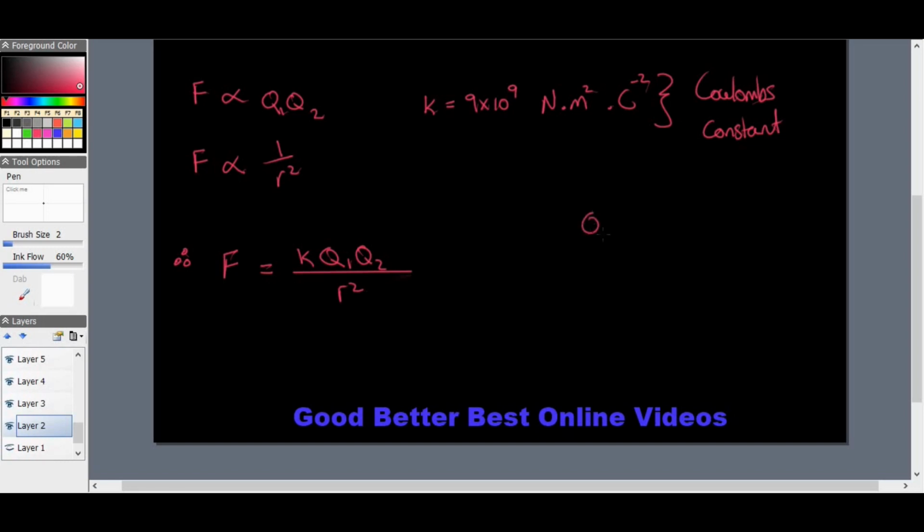Q1 and Q2 are measured in coulombs. R is distance measured in meters. F is the electrostatic force measured in newtons. So called SI units.